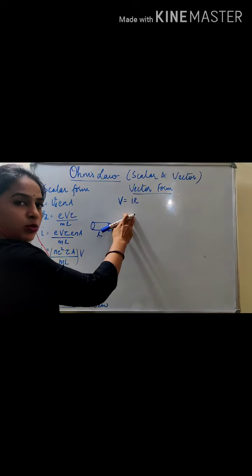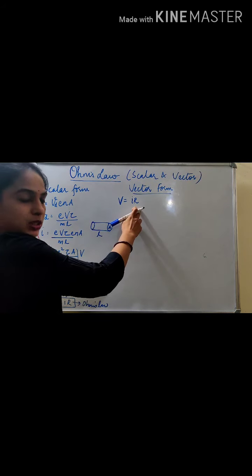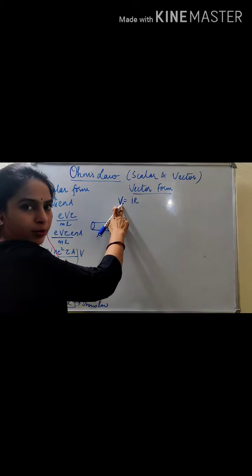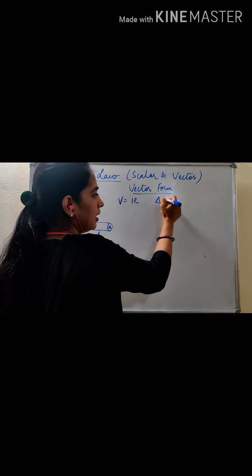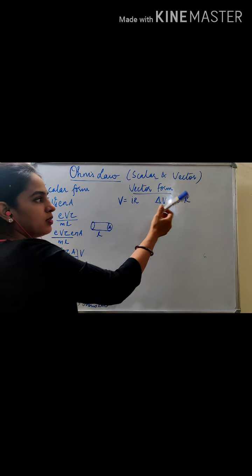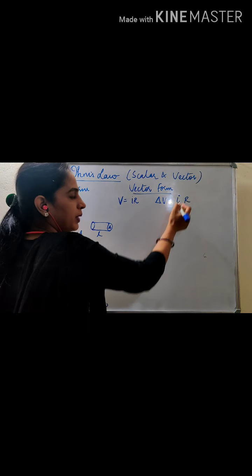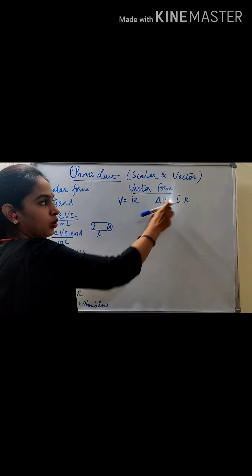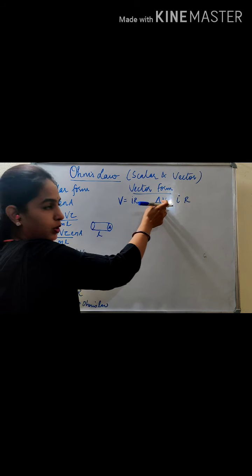To get the vector form of Ohm's law, we write the vector correspondence of each term. V is electric potential, the potential difference. We can also write delta V is equal to IR, because we know Ohm's law says the current flowing through a conductor is directly proportional to the difference in potential.